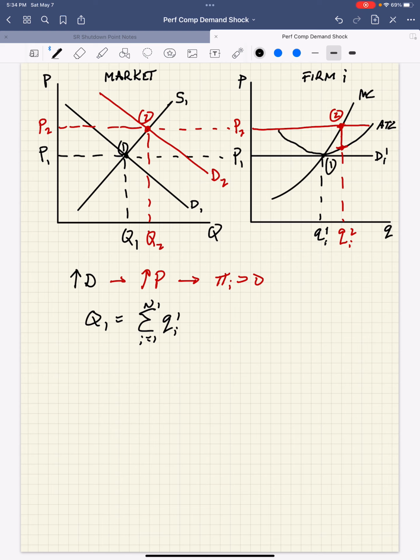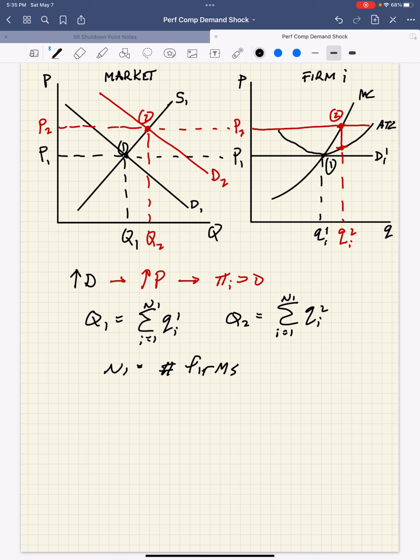And Q2 is the sum across the same firms, i equals 1 to N1, of that new individual firm output, Q_i2, where we're saying N1 is the initial number of firms in the market, right? How many firms are we summing across? And we can call point 2 a short-run equilibrium, right?